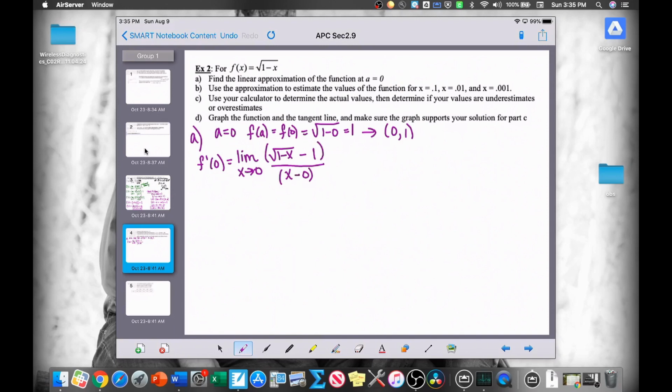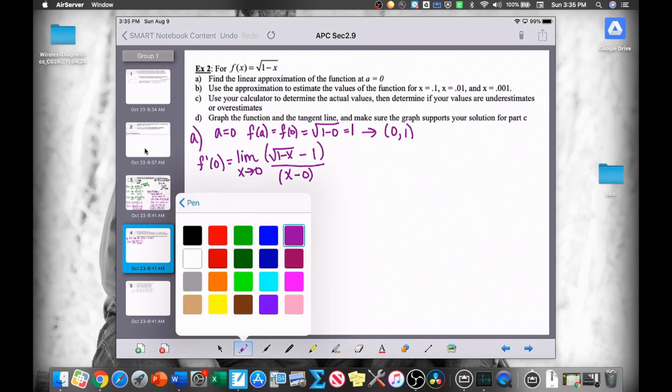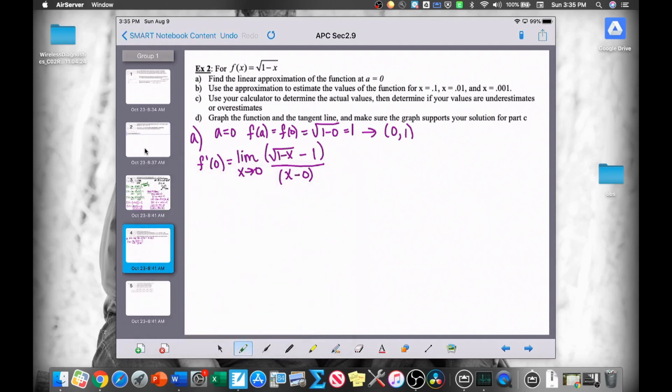All right, now we look at this, and hopefully the first thing that comes to mind when you see this difference quotient is perhaps I should try rationalizing the numerator. And that's exactly what we need to do, because we know that we're going to have to get rid of that x in the denominator because we're not allowed to divide by 0.